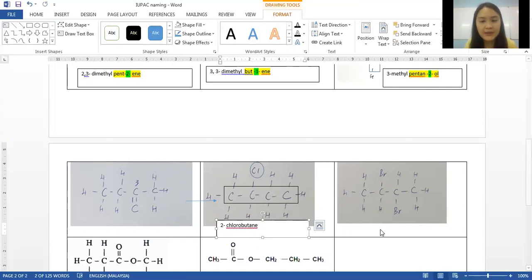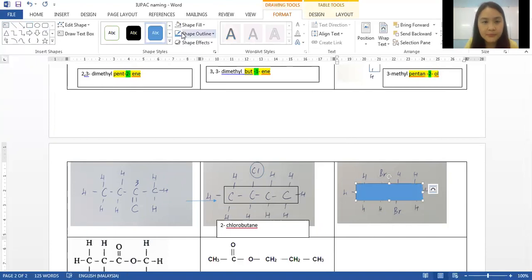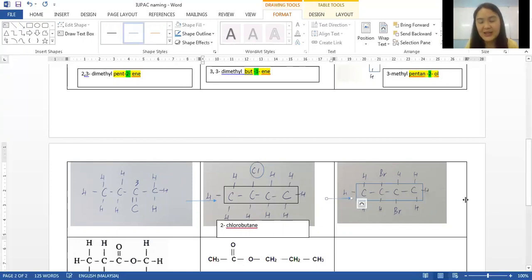One more example. How about this? When I look at this example, again, I will decide that this is my longest chain. Whether I read from direction A or direction B, it's the same because both directions cover the same maximum 4 carbon.